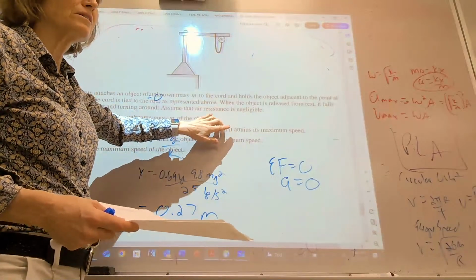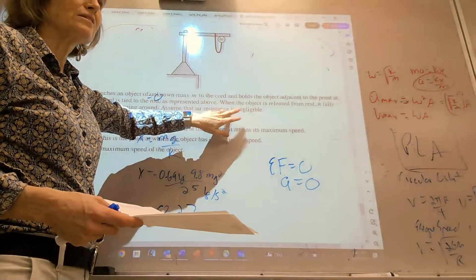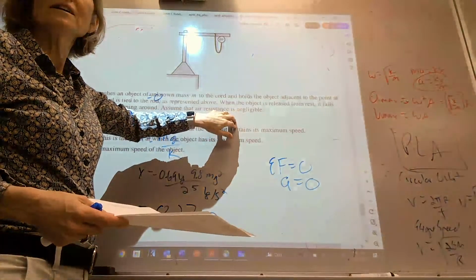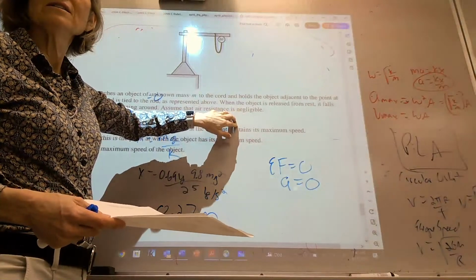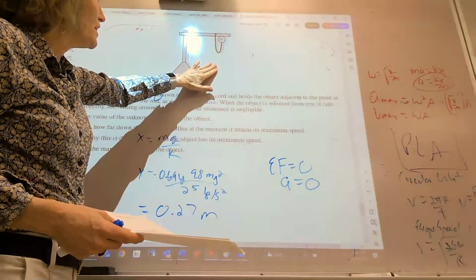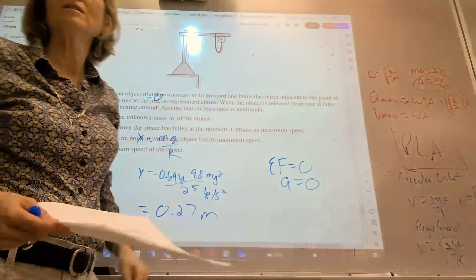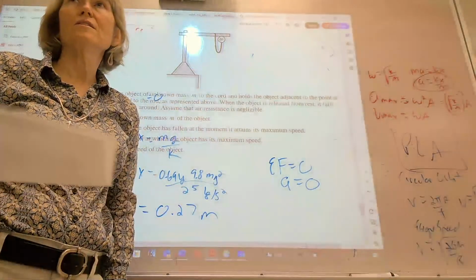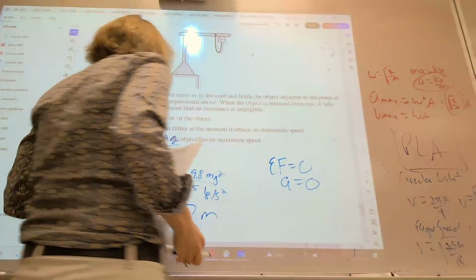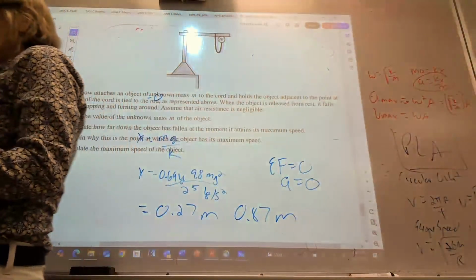Oh, what do we add? Anybody? Connor, do you know what we add? Falls down, starts to stretch 0.27. When you add it to the, what was the 0.6? Yes, you add it to the 0.6, so you get 0.87. Okay.